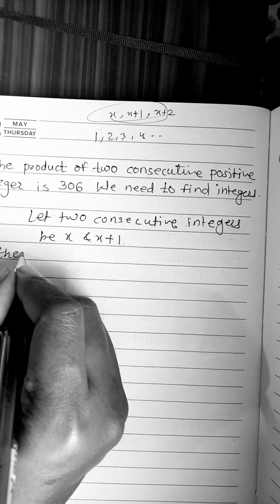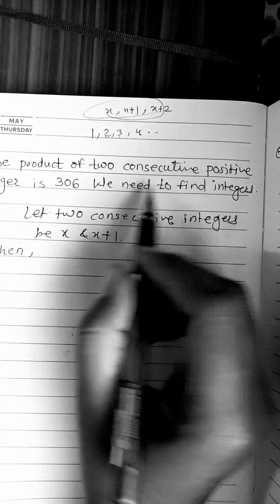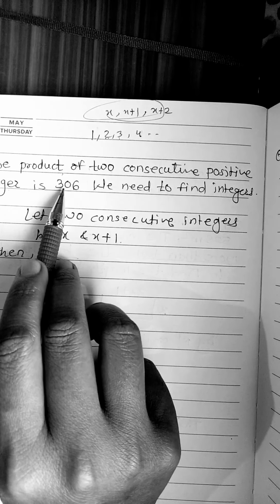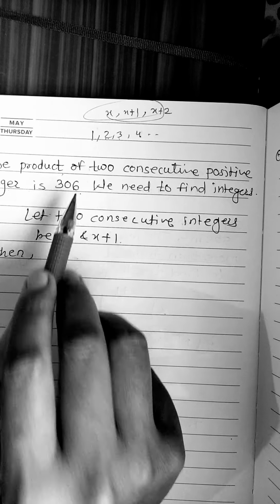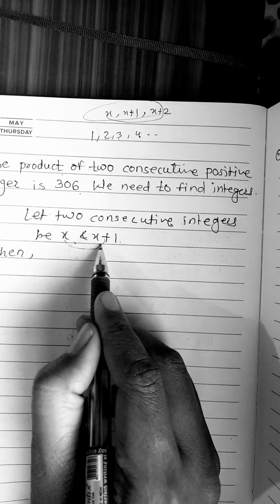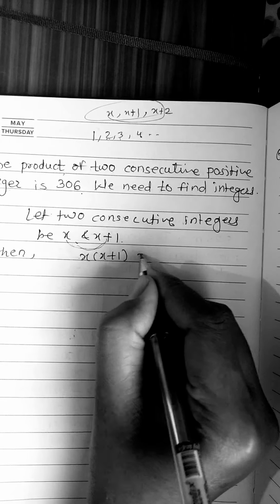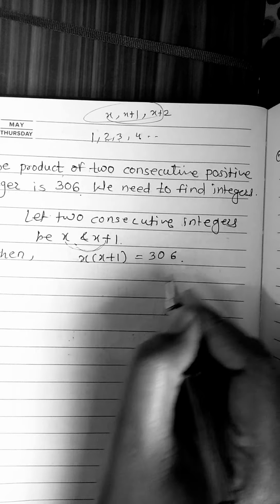Then the first condition is: the product of two consecutive positive integers is 306. That is, the product of these two numbers, x into x plus 1, is equal to 306.